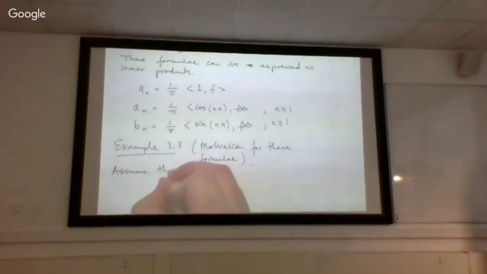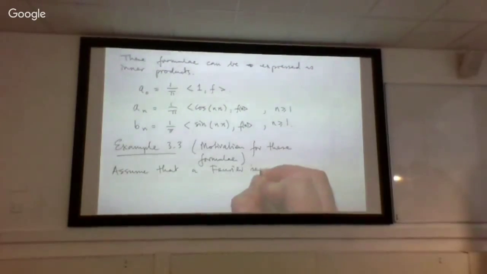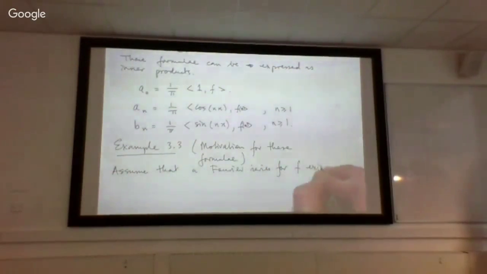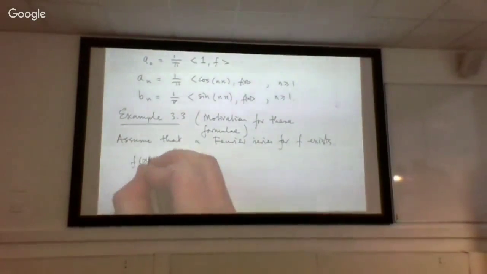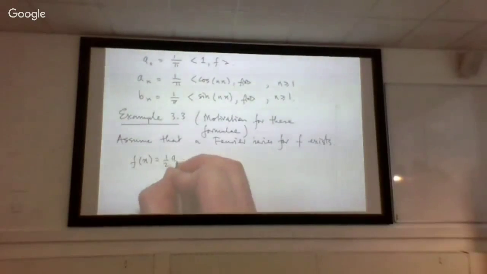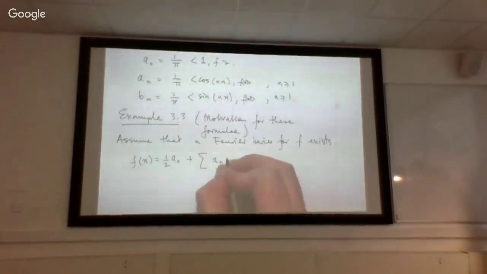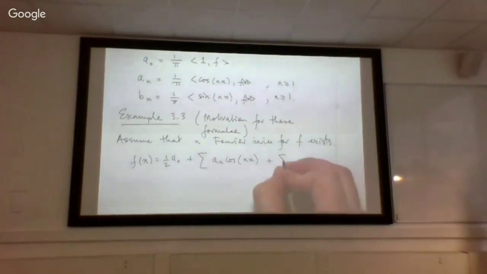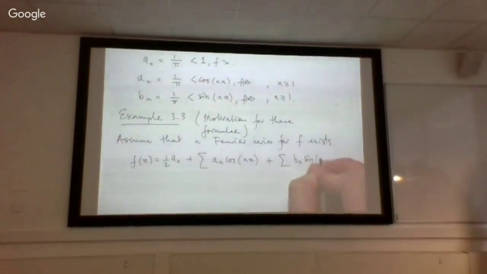So assume that a Fourier series for a function f exists, and it exists like this. So we have f of x is a half of some a0 plus this linear combination of all these cosine functions and this linear combination of all these sine functions.